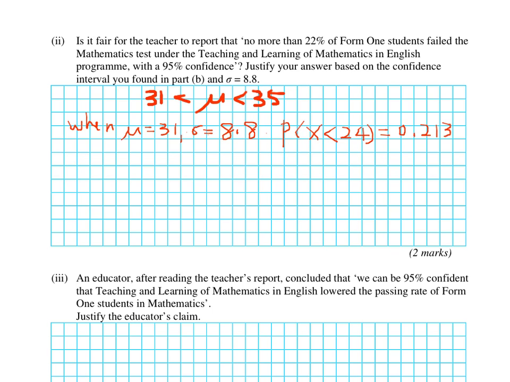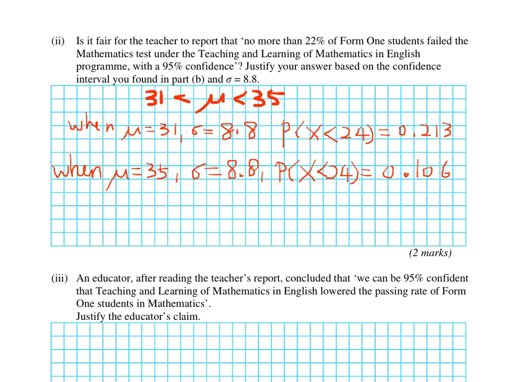We take the lower bound, the leftmost bound, and calculate the probability that the students will score less than 24. Then for the rightmost bound, you calculate the probability as well. So the probability of them scoring less than 24 is, for both, actually less than 22%.